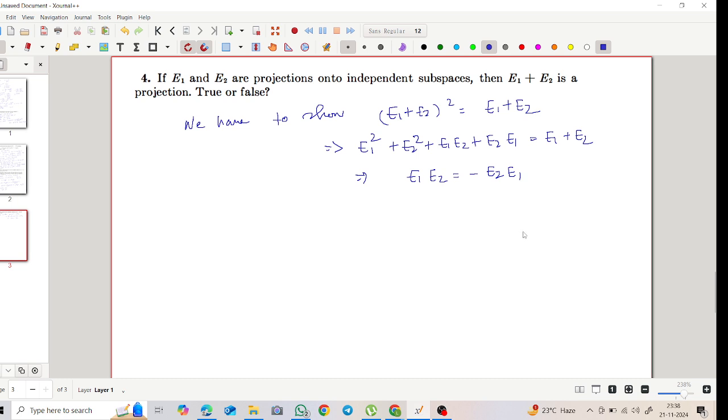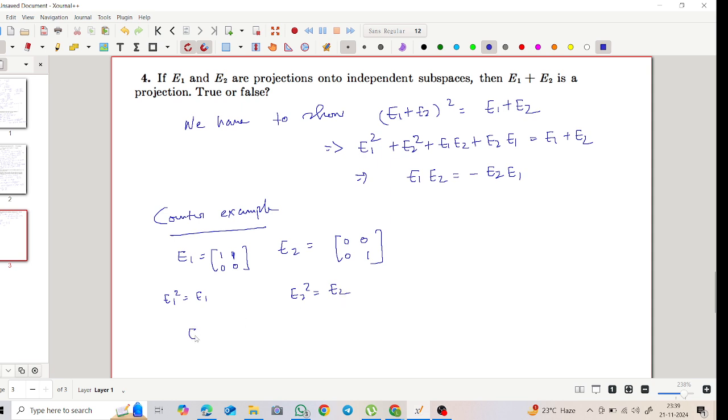So we are taking a counter example. So the counter example is like this. Suppose you take E1 is this and E2 is this. Notice that E1 square is E1 and E2 square is E2.